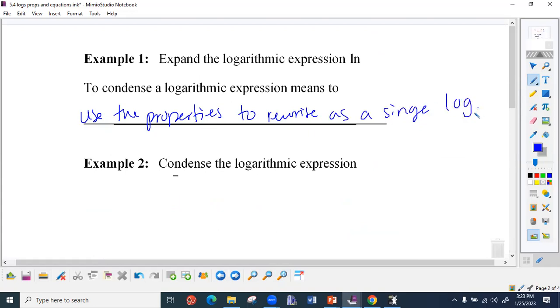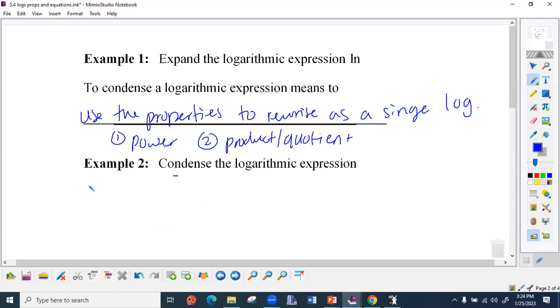When you're condensing, instead of going in the order of product, quotient, power, you're going to go power, quotient, or product. So the first thing you want to do is check for your power property. Then you want to check, is it product or quotient?